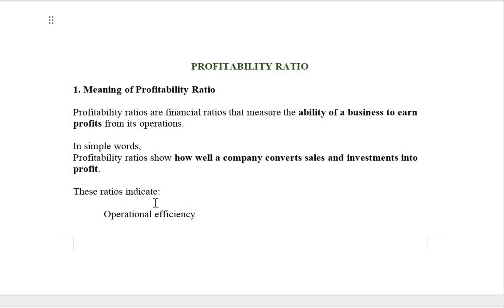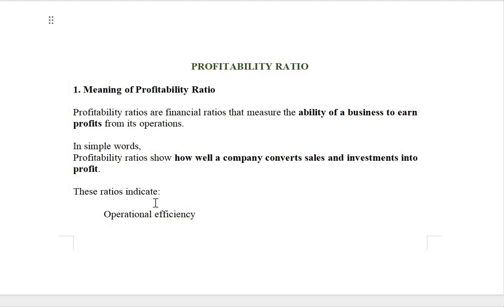Among the different types of ratios we discussed in the last video, one of the types is profitability ratio. In continuation with that, we are going to discuss what is profitability ratio. Profitability ratio is one of the financial ratios that measures the ability of the business to earn profit from its operation.